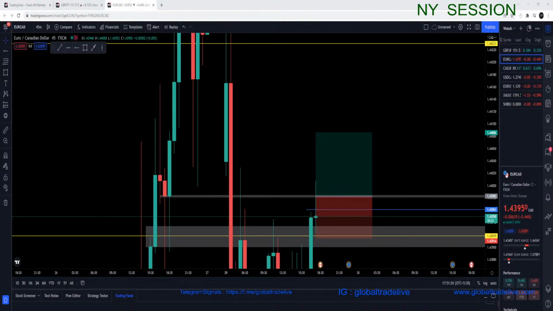Close 50% trade over here to manage the risk. Obviously we need to manage the risk as well.